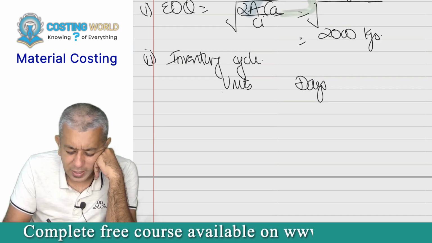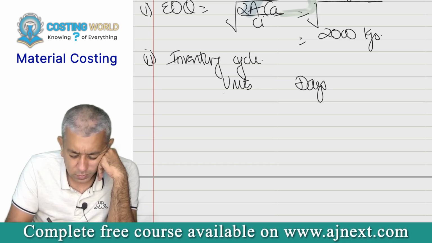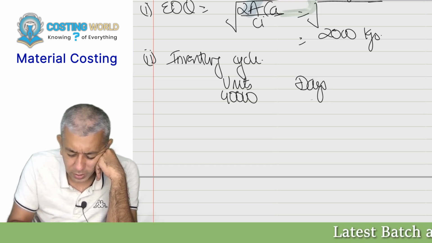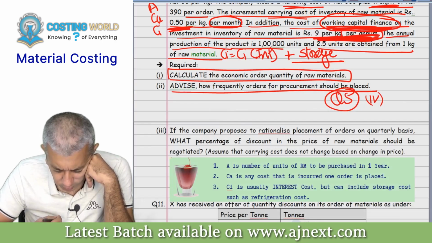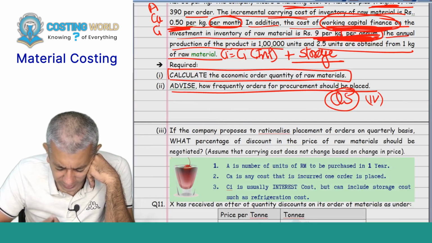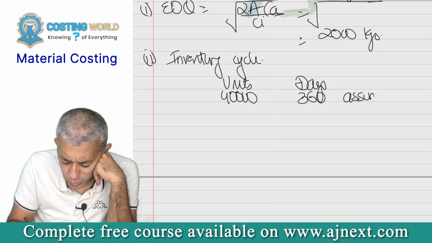Now, in the entire year, how many units do you need to be purchasing? 40,000. 40,000 in the year, 360 days. Have they told to take 360 days? No. So over here just write down assumed.